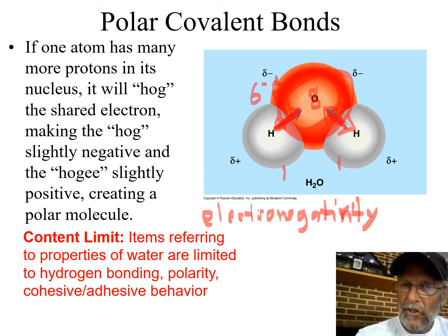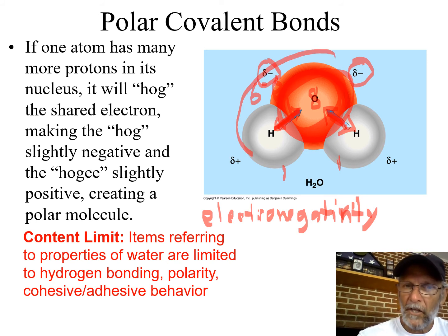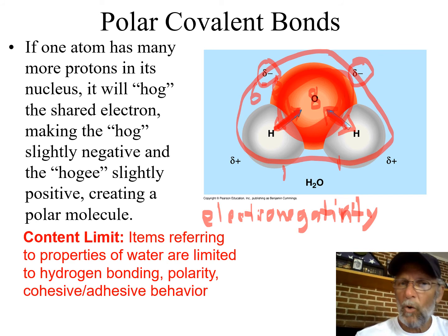So the oxygen side is partially negative. That thing that looks like an 8 is actually the Greek letter gamma, lowercase, and for some reason we chose it to mean partial. We say this is a partial negative charge. This molecule that we call water has areas of charge.